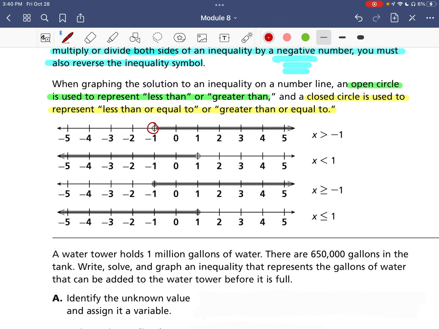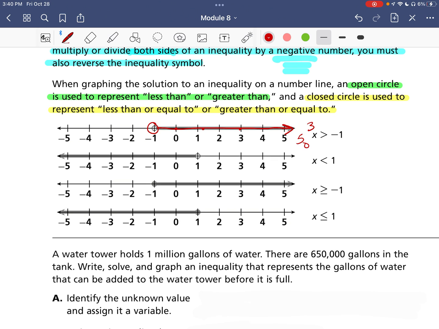So, for example, 3 is greater than -1. 5, 0 is even greater than -1. All of these numbers, 1.2, all of these numbers are greater than -1, so our line is going to go this way. And that's your answer.